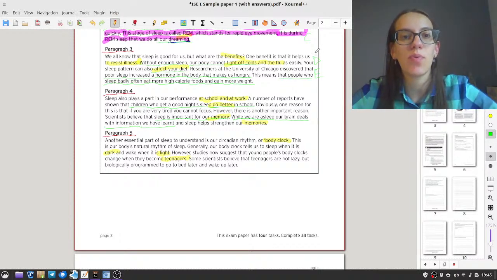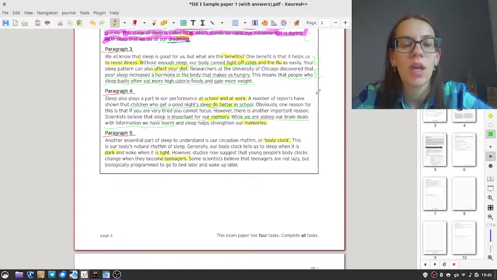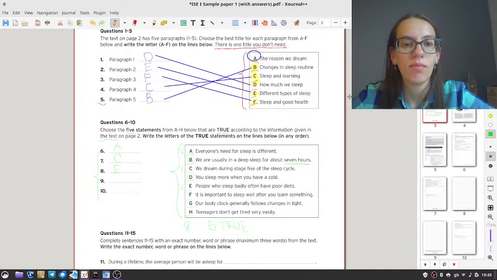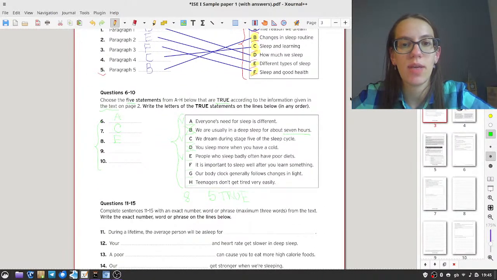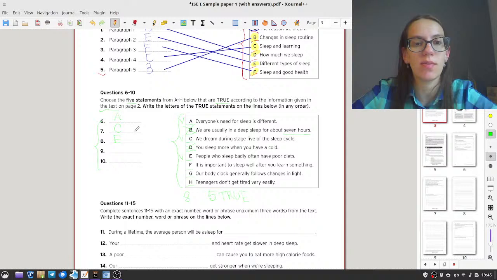Yeah, so this supports the same idea. So it looks like yes. F is also correct. Yeah, so we need to sleep well after learning something. So we like this one.